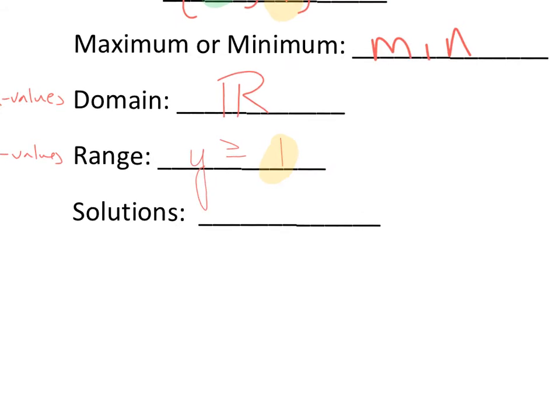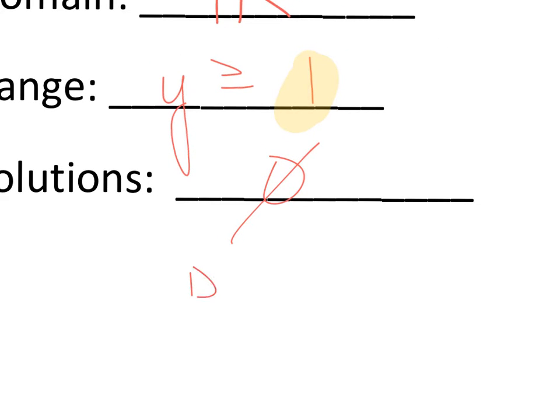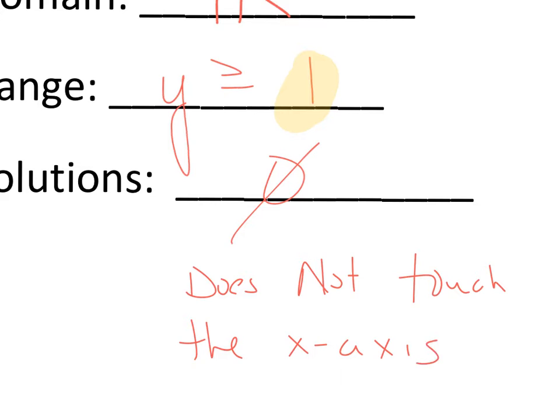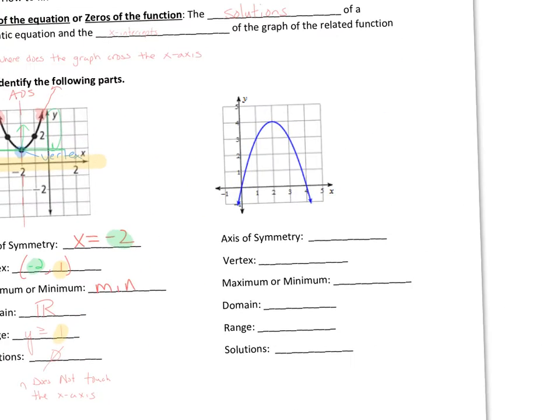So in this particular case, your solution is no solution here, because it does not touch the x-axis. Okay? All right, now let's go to the next one here and try this again.